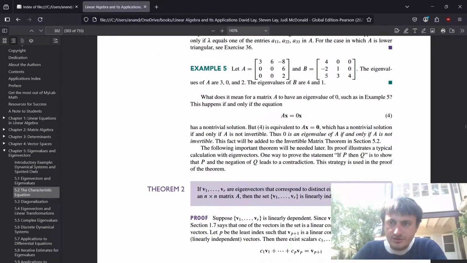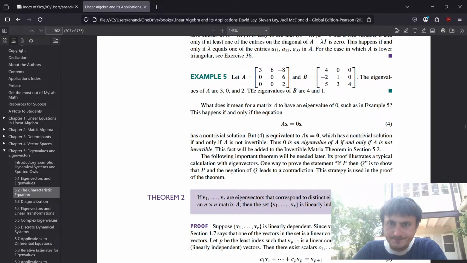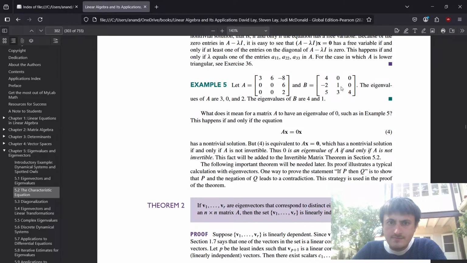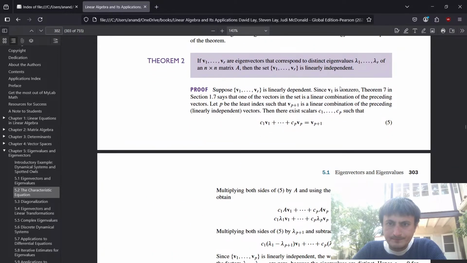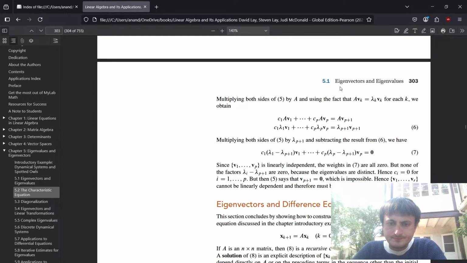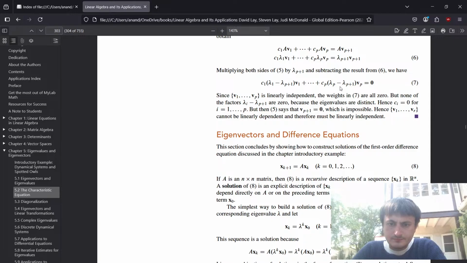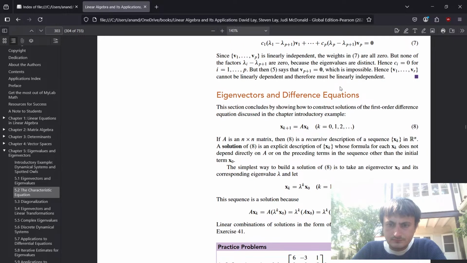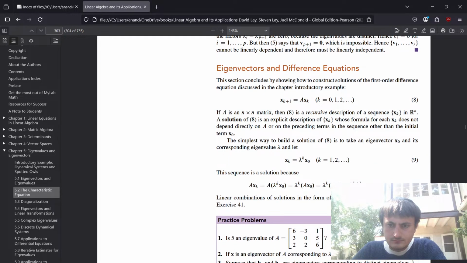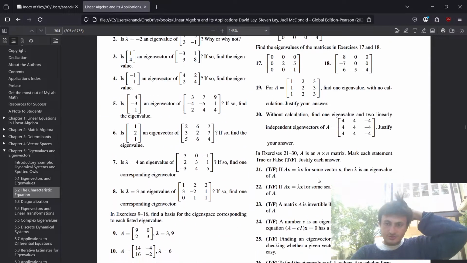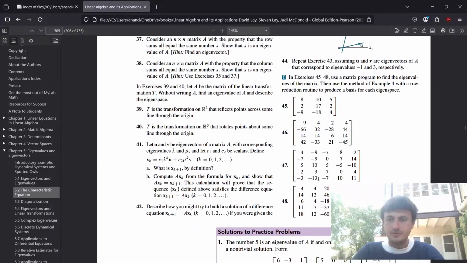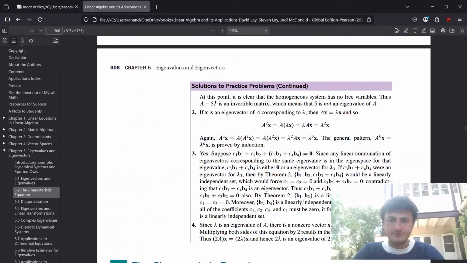Okay, so it was introducing theorems. Okay, yeah. 5.3 is going to be important though. 5.3 is what we're going to do. So let's just get through. And I think we did do a number of problems from this.